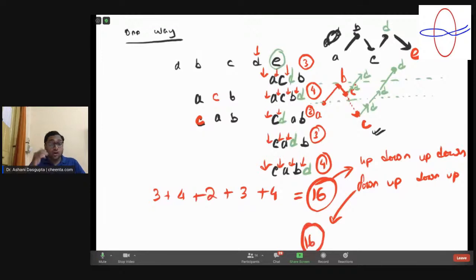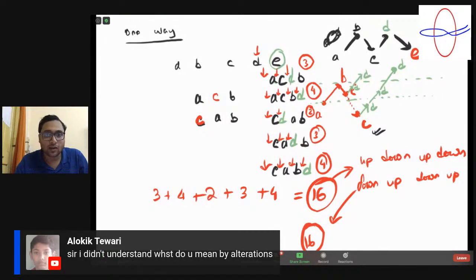So in short, the number of alternations of 5 numbers, down up or up down. What kind of arrows do we have here? I'm using alternations for both kinds. I'm responding to this comment by Alokik Tiwari on YouTube.